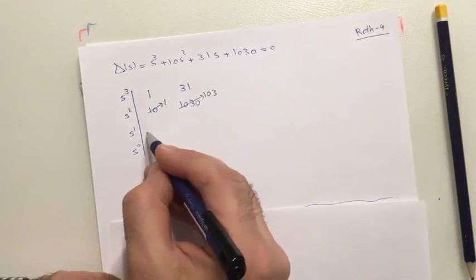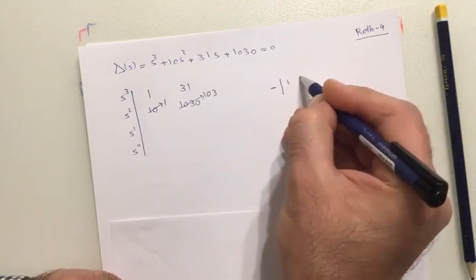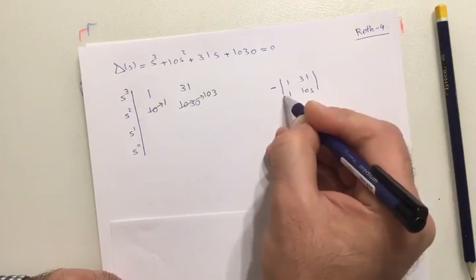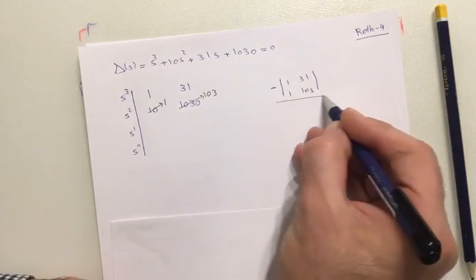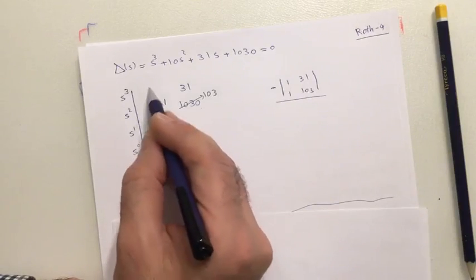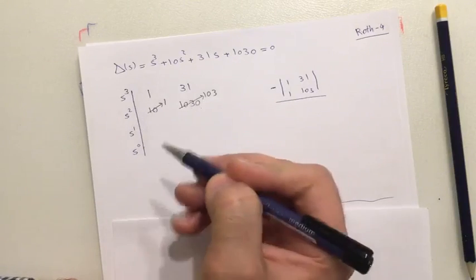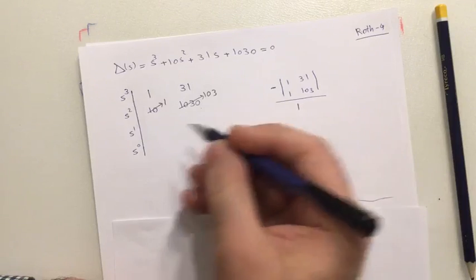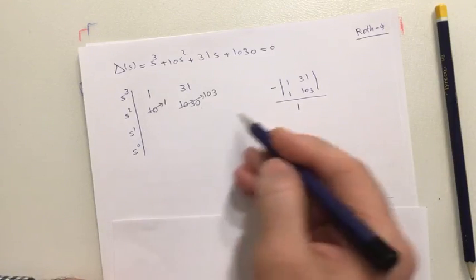So what is the element here? It would be minus the determinant of the first column and the column after that element, divided by 1. Remember, we have divided the elements here by 10, so it's 1 and 103.